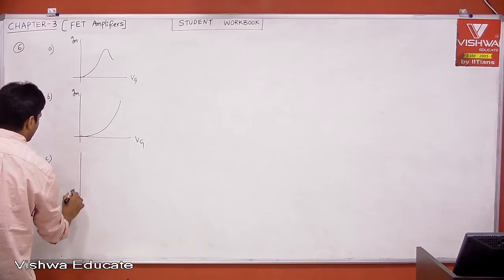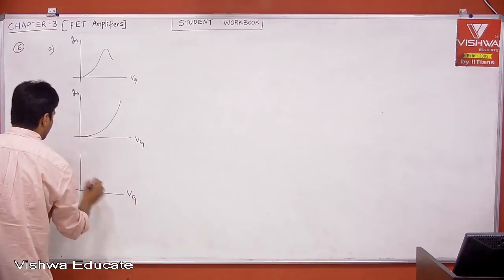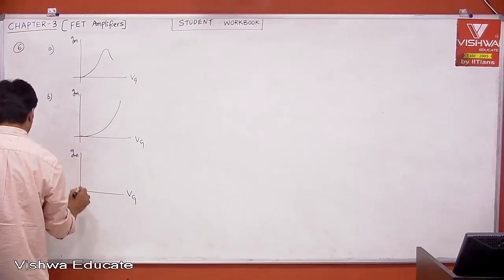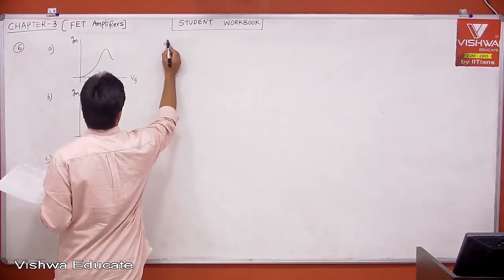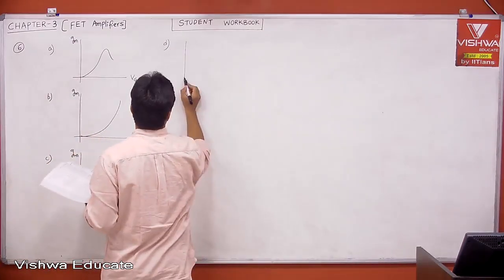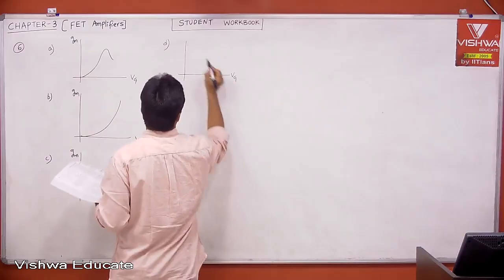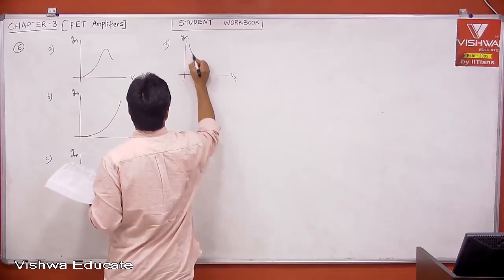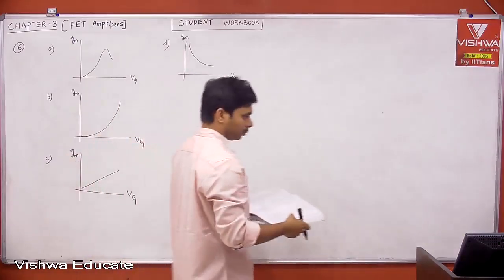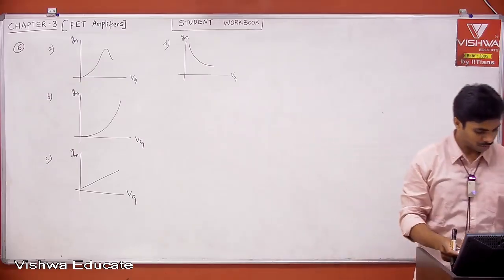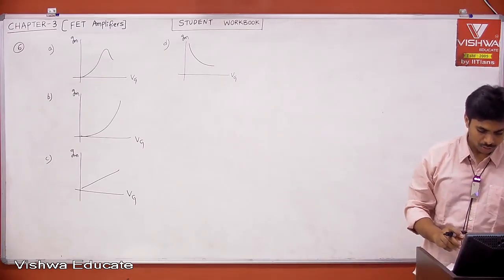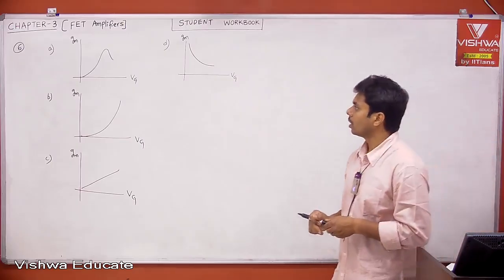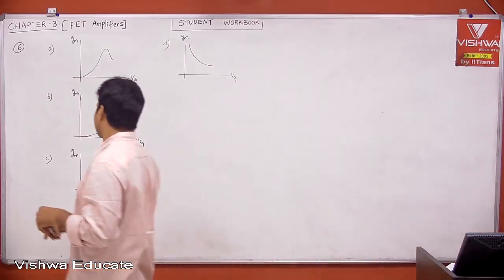Option C, this is VG, GM. Option D, VG and GM. Therefore, which one is true? This is the problem. Which is true?